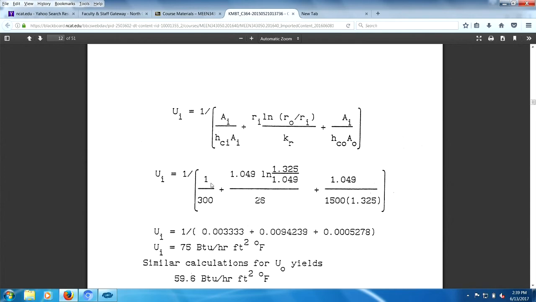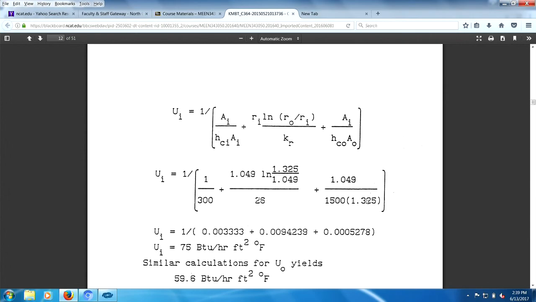So I wind up with three numbers here, 0.0333, 0.009, 0.05. And so my question is, which one of these is the controlling heat transfer coefficient? Well, if I take a look, this is 3 zeros 5, and this is 2 zeros 9. So this number is far larger than this number.